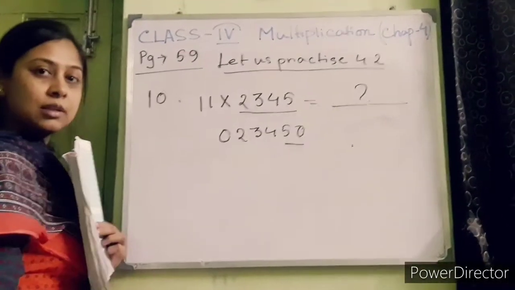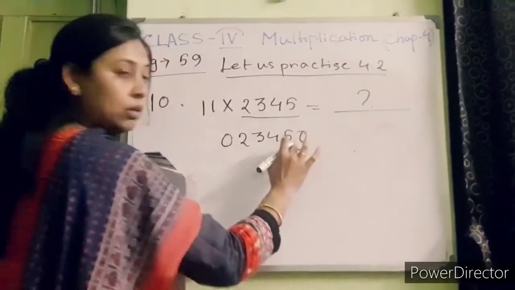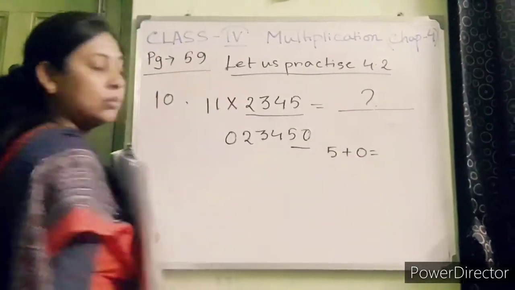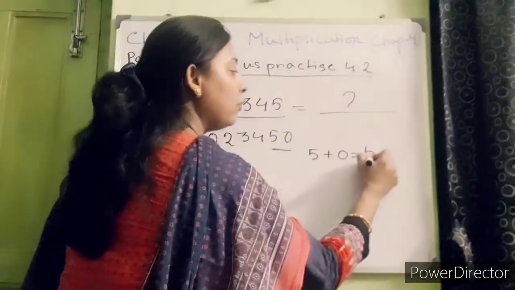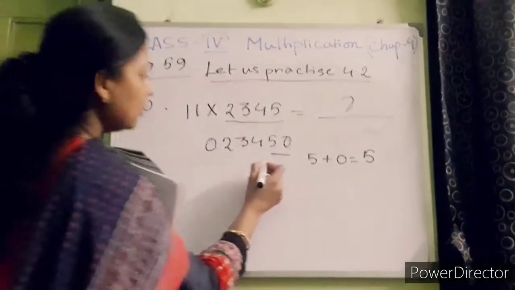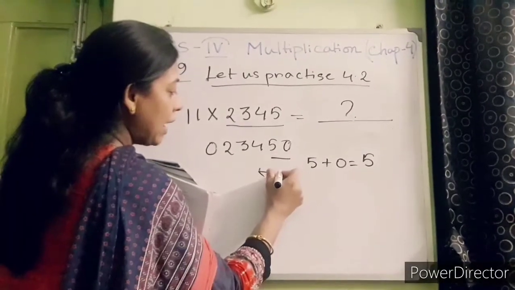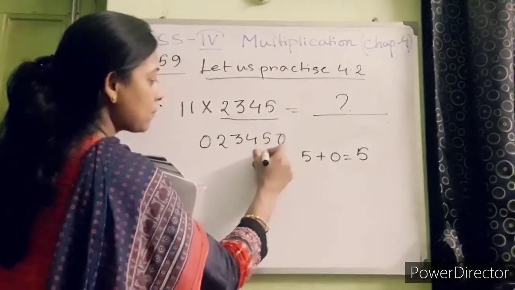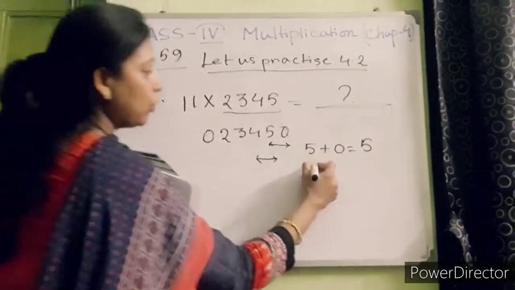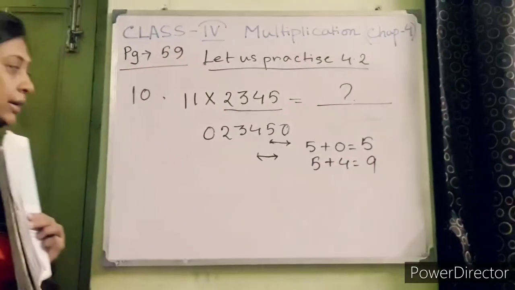Now first you have to add the last 2 digits: 5 plus 0, you will get 5. Clear? After that you have to add 5 and 4. 5 plus 4 is 9.